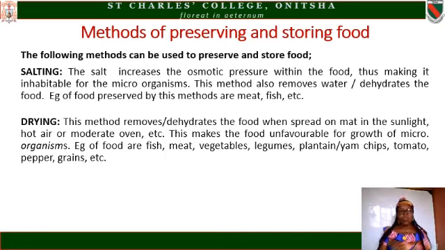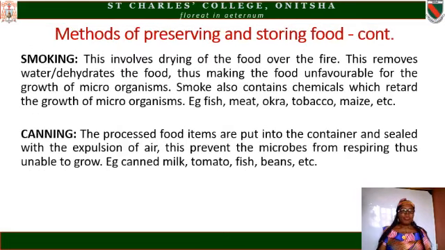And this, after removing the water, makes the food uninhabitable for the microorganisms, and they will die. So the foods you preserve like this are something like meat, fish. You can preserve plantain chips, yam chips, cocoyam chips, tomato, even pepper, grains. Okay?